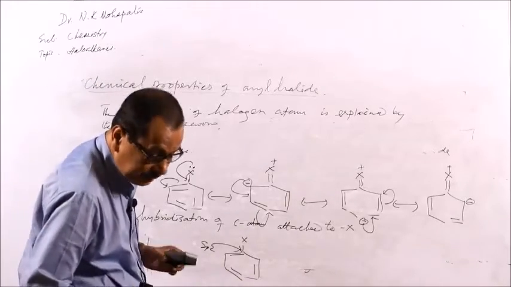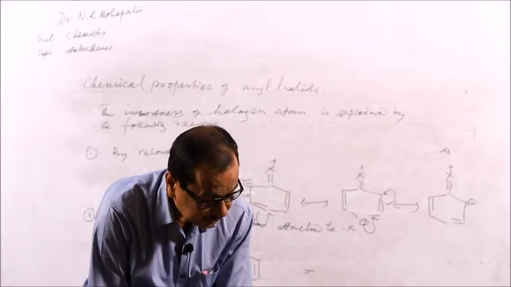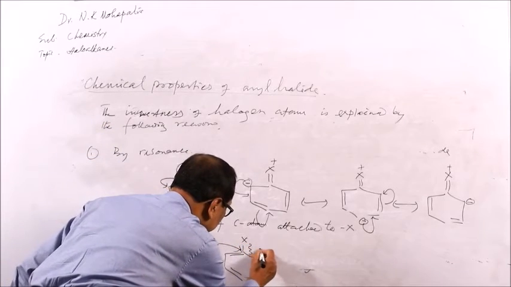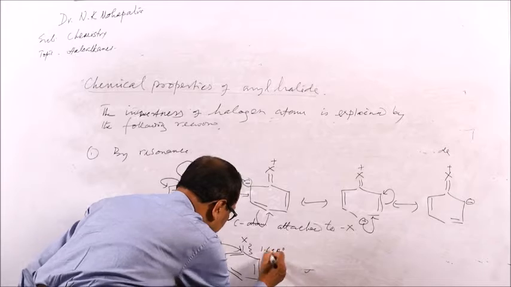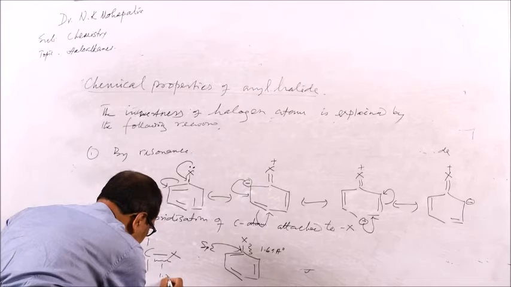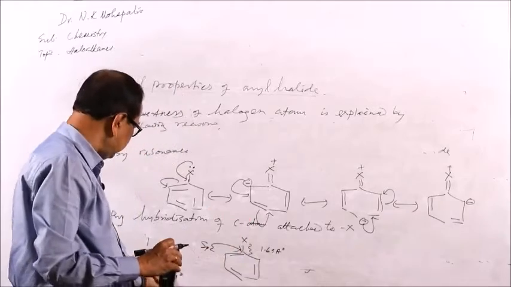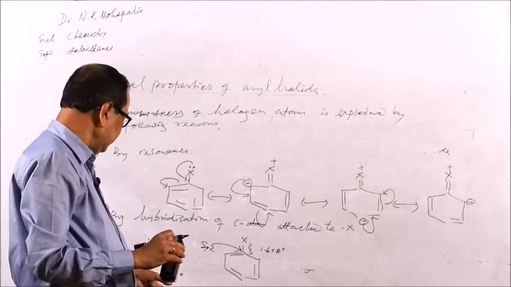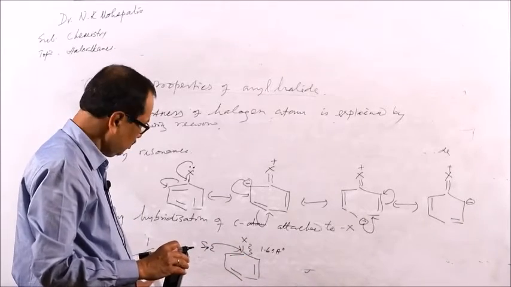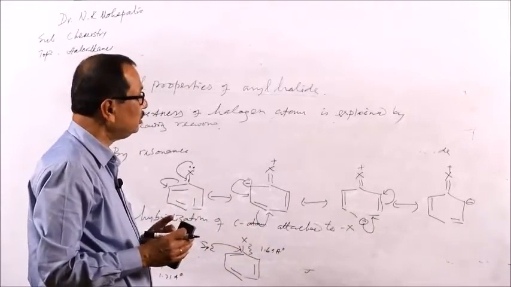It has been observed that the carbon halogen bond length in chlorobenzene is 1.69 angstrom, but here the bond length is 1.71 angstrom. So the bond length here is shorter than in alkyl halide. Therefore, higher energy is required to break this bond. Hence, the halogen atom is inert and is not easily replaced by any nucleophile.